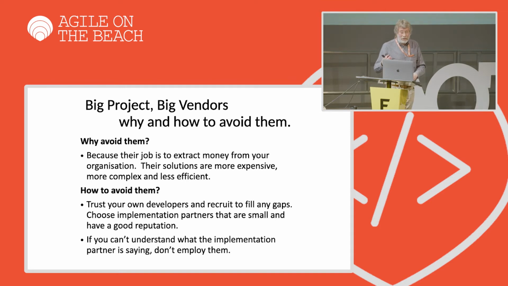And usually when that happens, very bad things happen, in my opinion. So choose implementation partners that are small and that have good reputation. And if you can't understand the implementation partner's proposal, send them away. Because the key thing you want them to be able to do is communication.